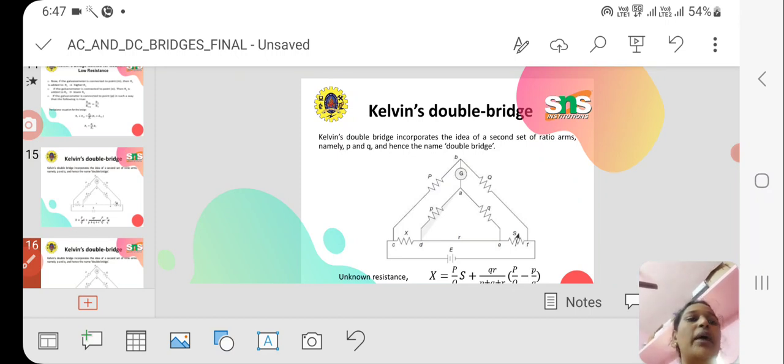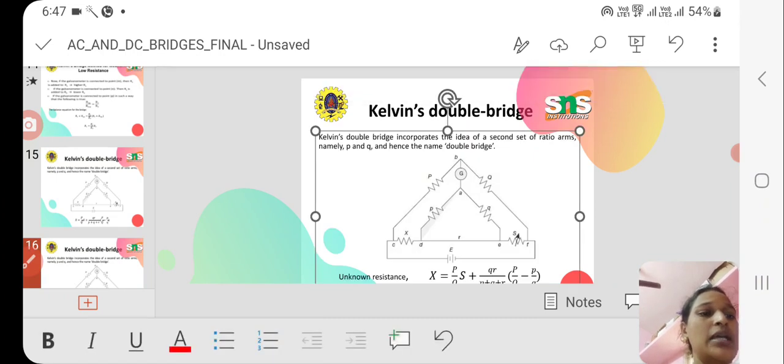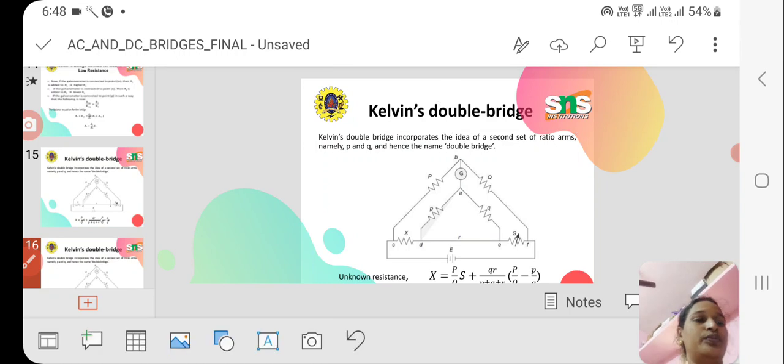So by substituting the values in the bridge balance conditions, we can find the unknown resistance value, which is capital X is equal to capital P by Q into S plus QR by small qr by P plus Q plus R into P by Q minus p by q.